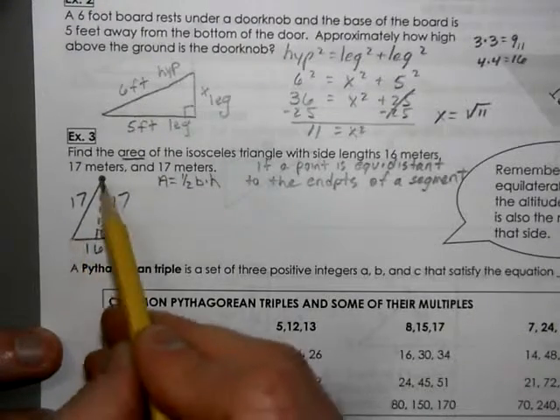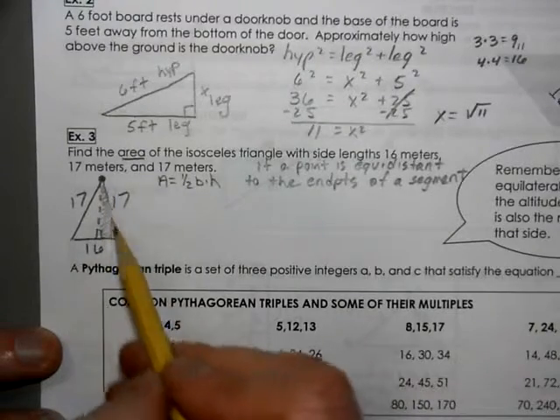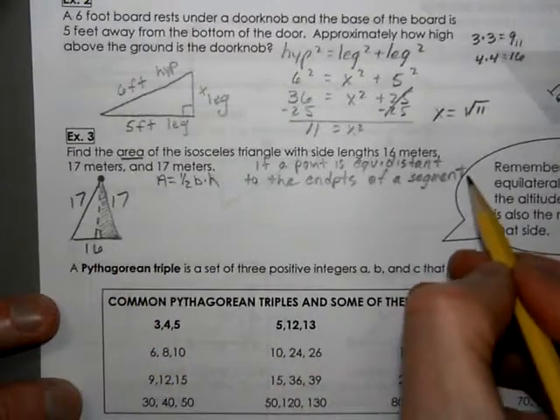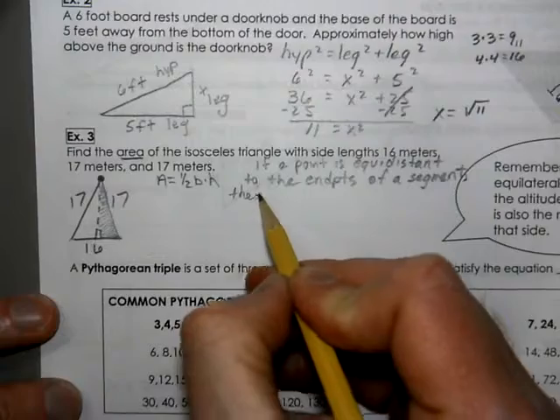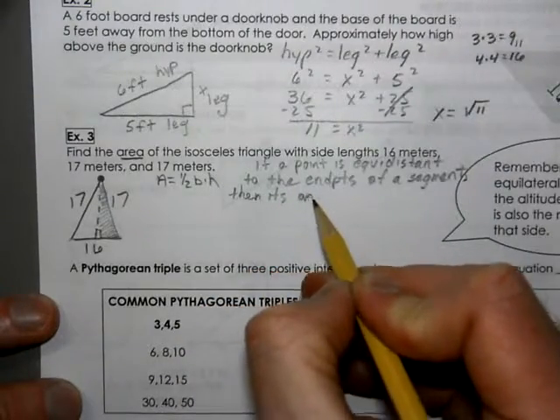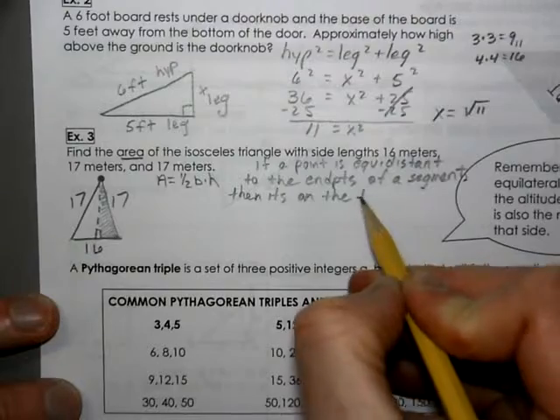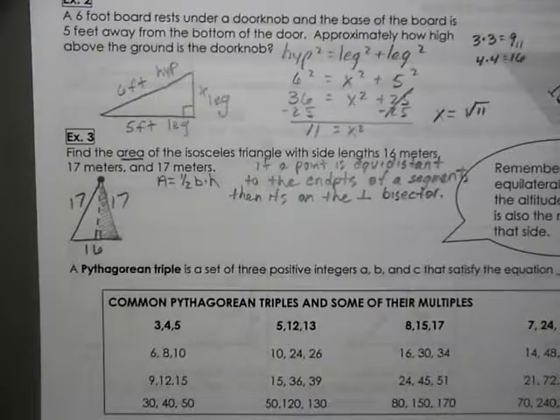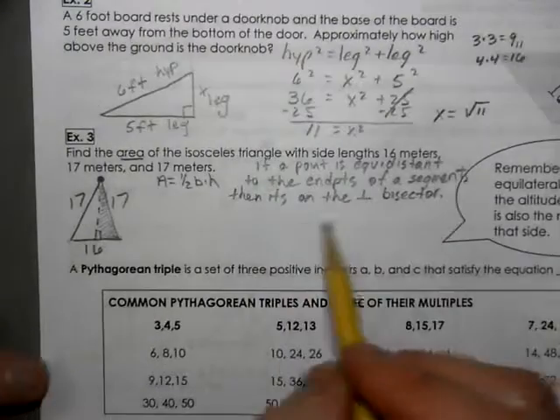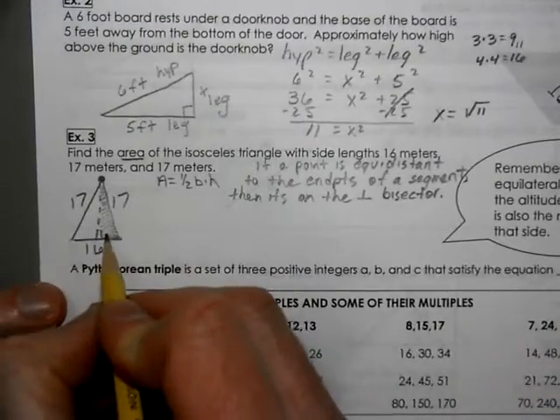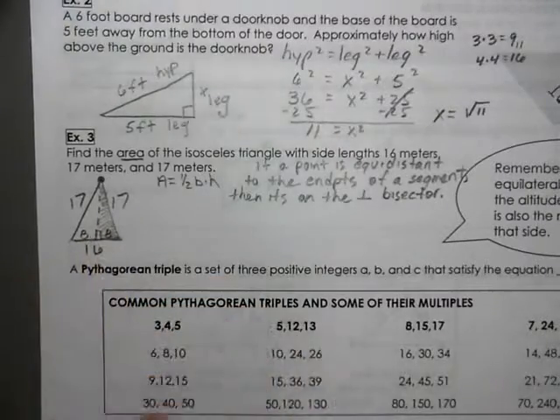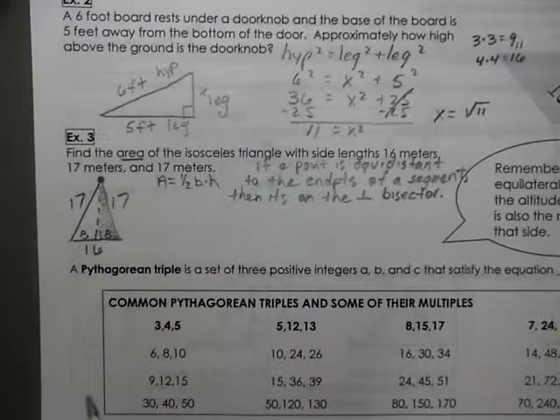It takes 17 to get out to there, it takes 17 to get out to that part, and it's equidistant to the endpoints of that third side. Then it's on the perpendicular bisector. So if you're on the perpendicular bisector, we now know that both of these parts are 8. We could have assumed that, we could have wished it was true, but now we know that it's true.